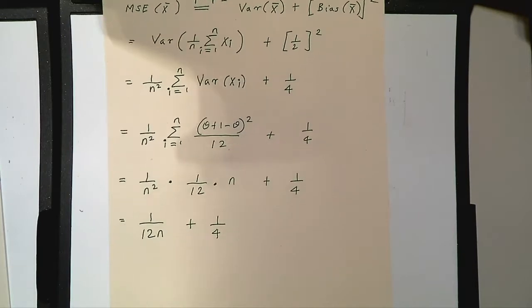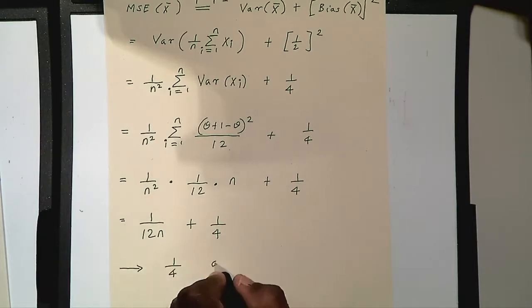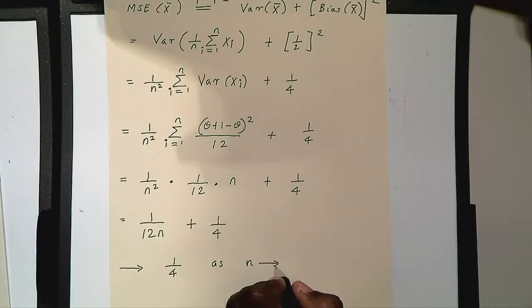okay. So this is the MSE for the estimator, and clearly as n goes to infinity, this approaches 1 over 4 as n goes to infinity.